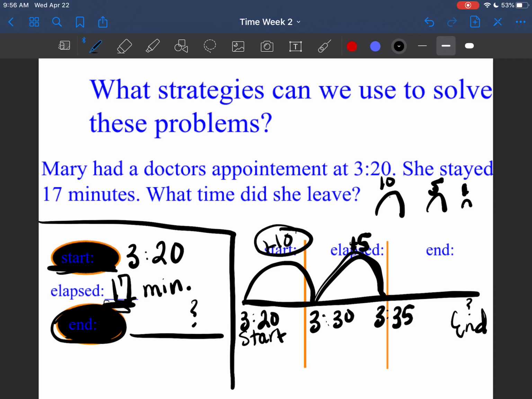I've jumped 10, 15 minutes. I need to jump 17 minutes. So now I'm going to make hops of 1. 15 minutes, 16 minutes, 17 minutes. 3:35, 3:36, 3:37. So what time was it when Mary left the doctor's office? What is our end time? 3:37.